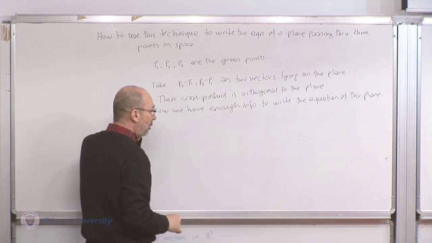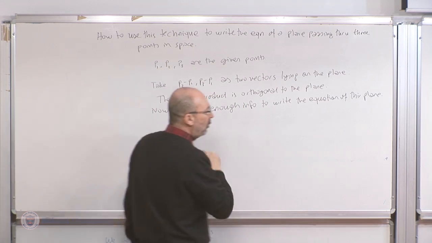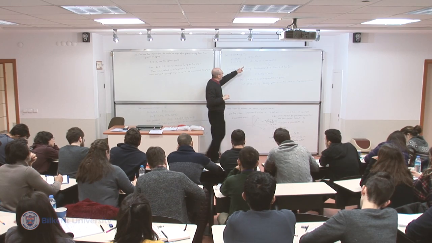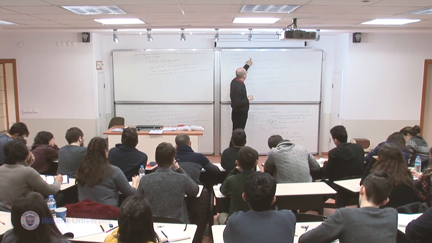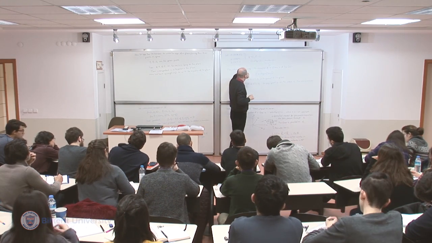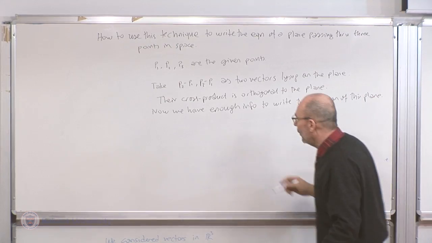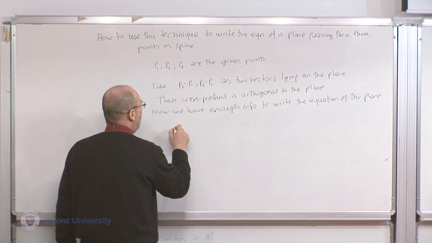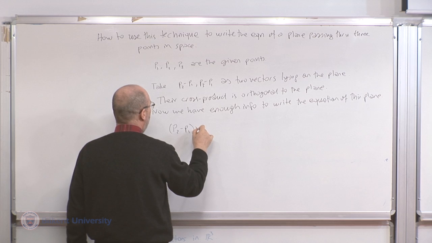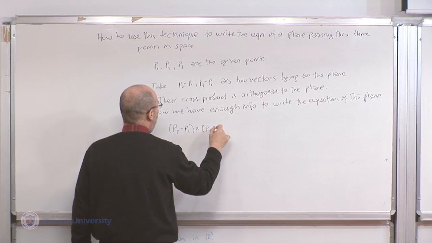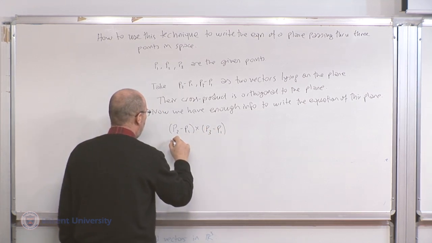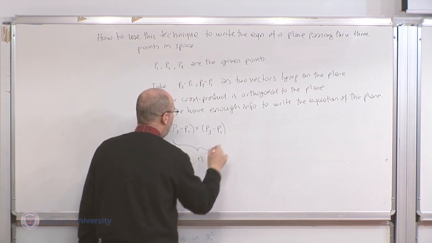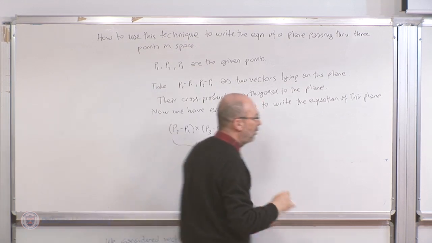So what is the equation? It's this one. We take P2 minus P1 cross P3 minus P1. This is our normal vector. We dot product it with x, y, z.